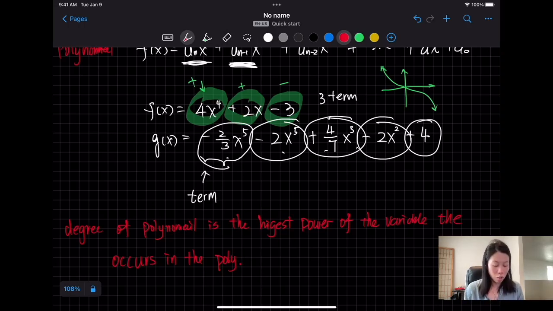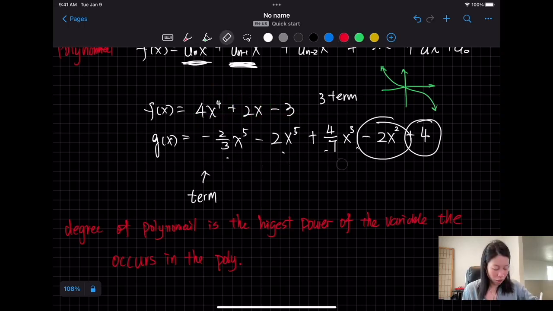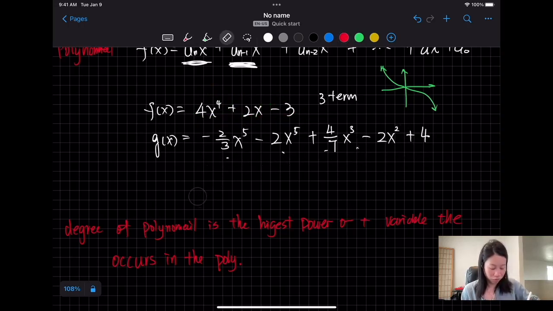Okay, so in our previous example, like f(x), what's the highest power in our f(x) function? It's going to be 4, right? So that means the degree of the f(x) function is 4 because the highest power is 4.